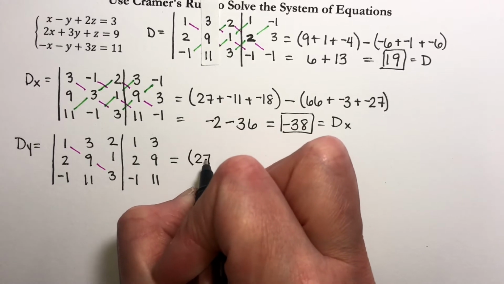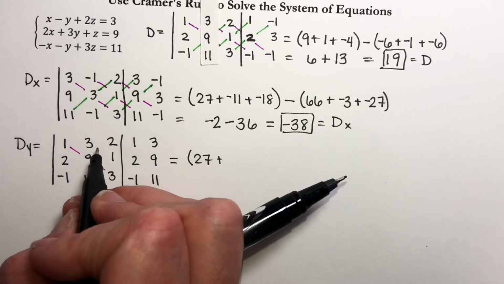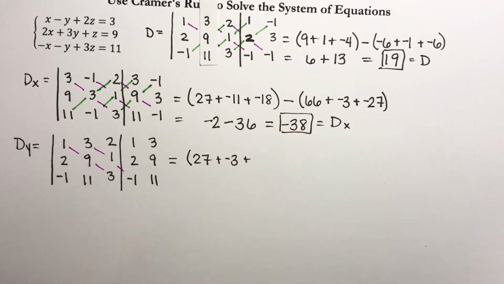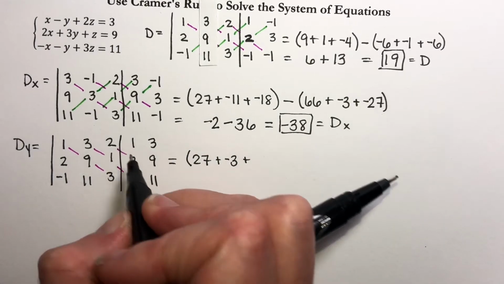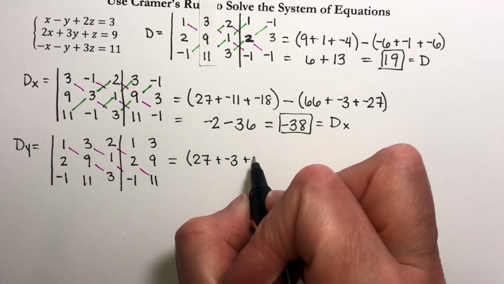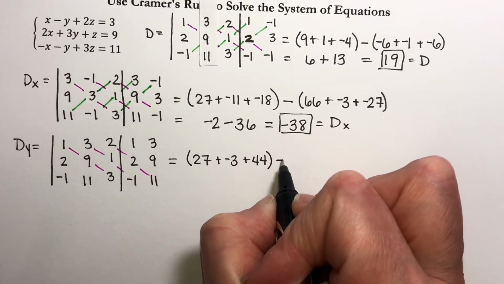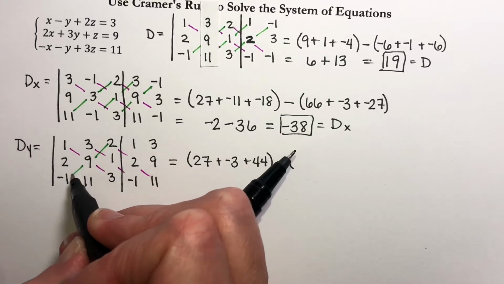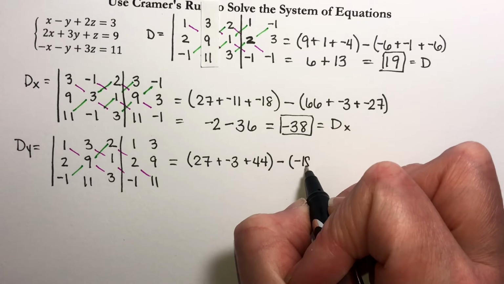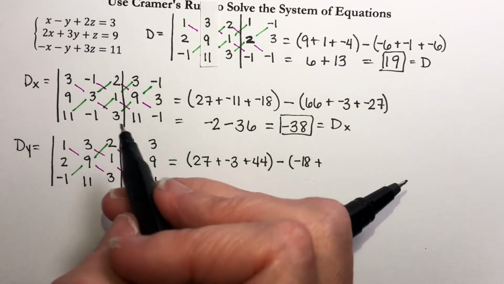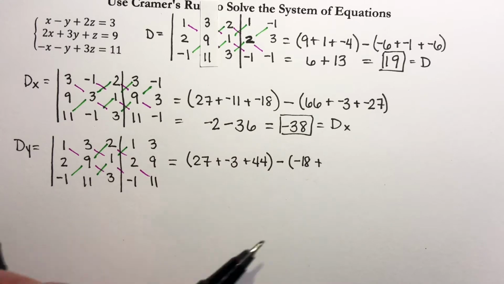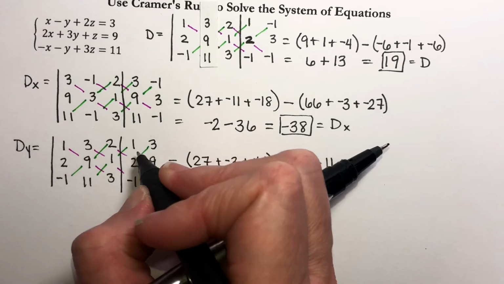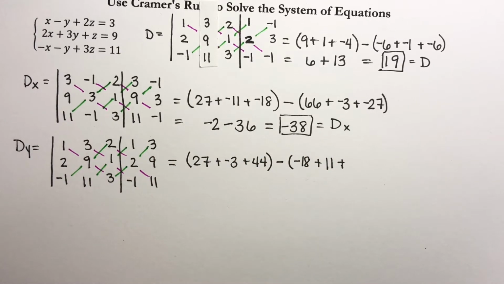This is 27 plus 3 times 1 times negative 1 is negative 3, plus 2 times 2 times 11 would be 44, minus, open again, go the other direction, 2 times 9 times negative 1 would be negative 18, plus 1 times 1 times 11 is 11, plus 3 times 2 times 3 would be 18.